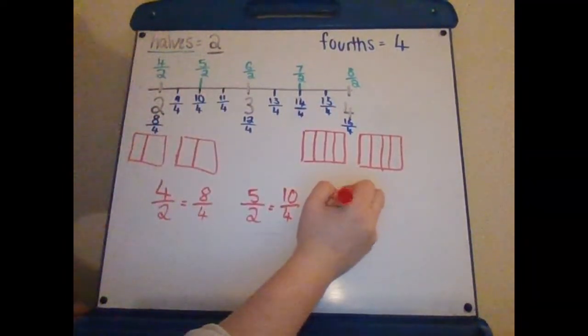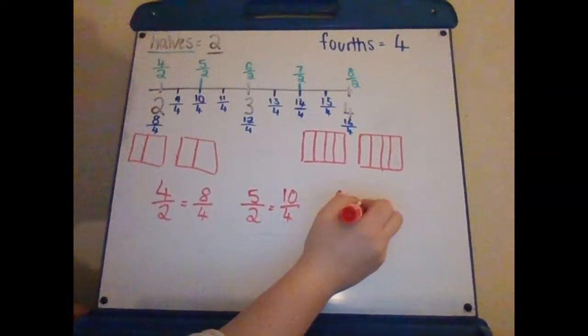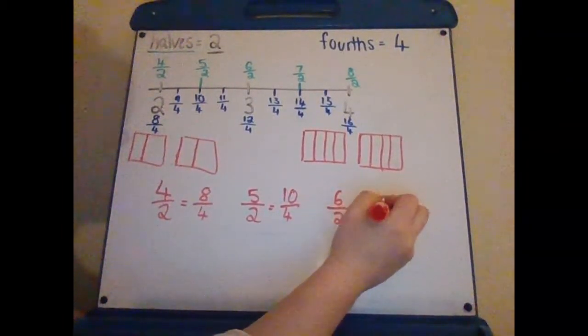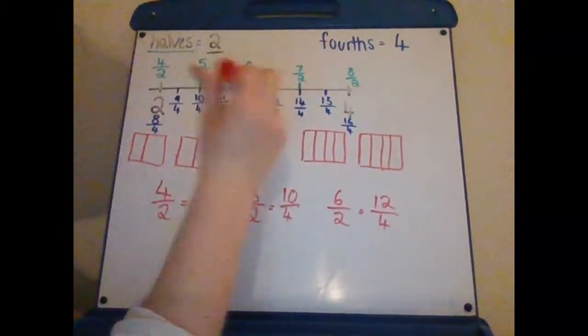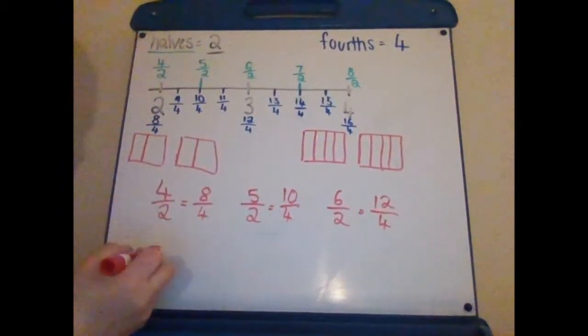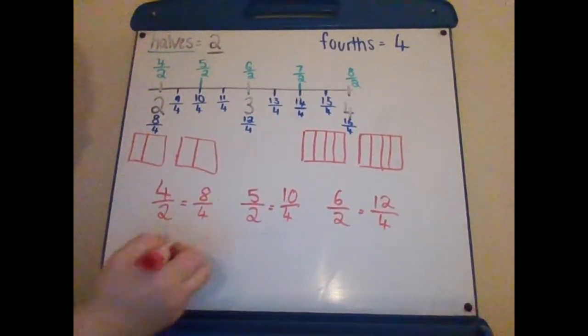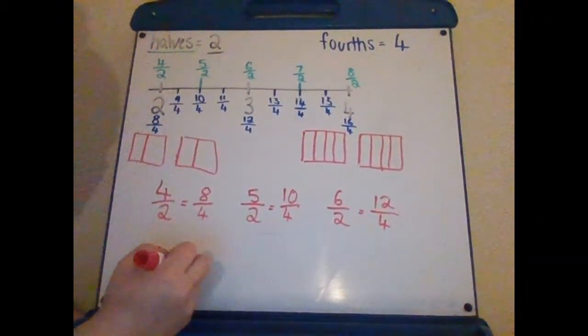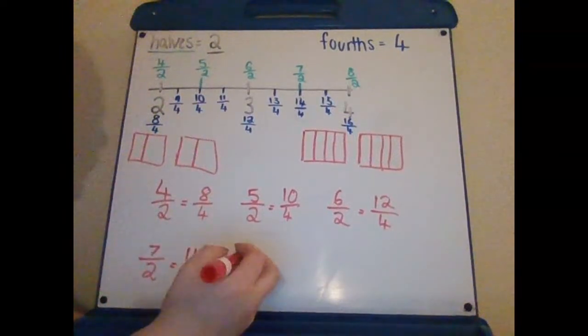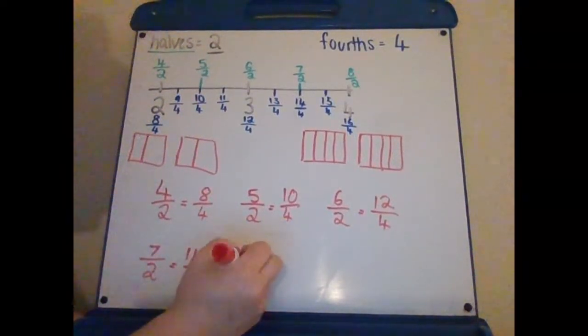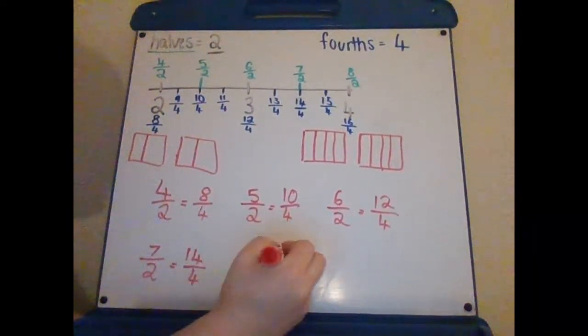I can say that 6 halves is equivalent to 12 fourths. And I can say that 7 halves is equivalent to 14 fourths. And I can say that 8 halves is equivalent to 16 fourths.